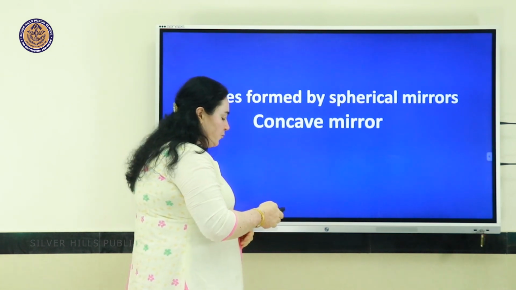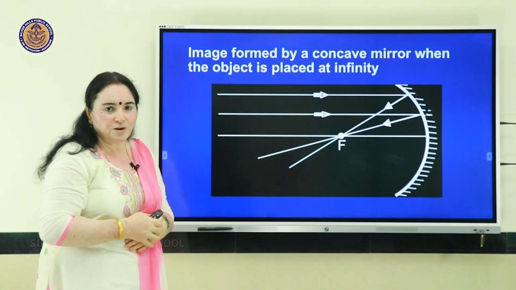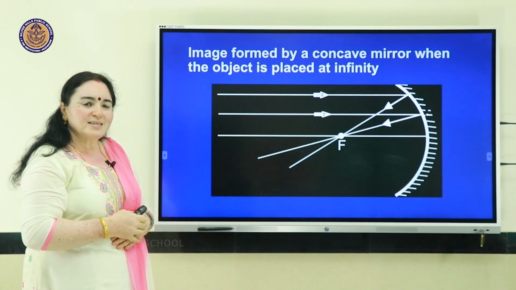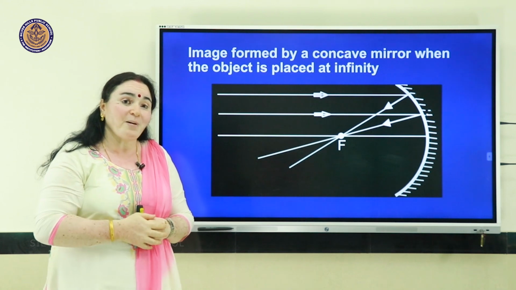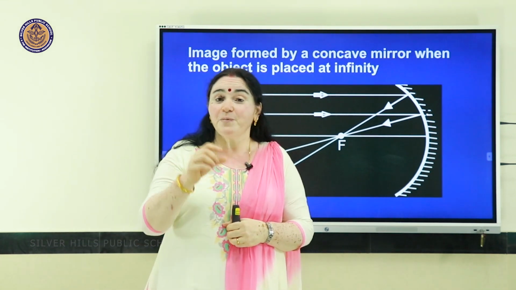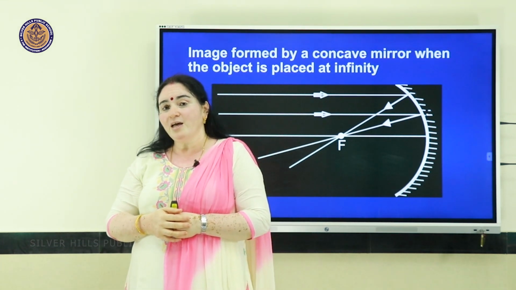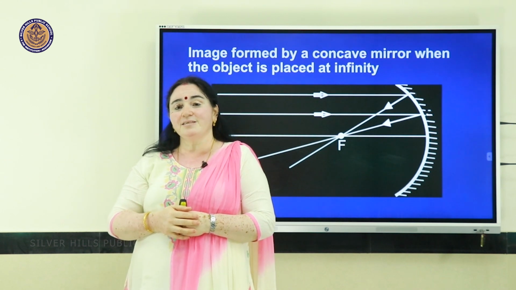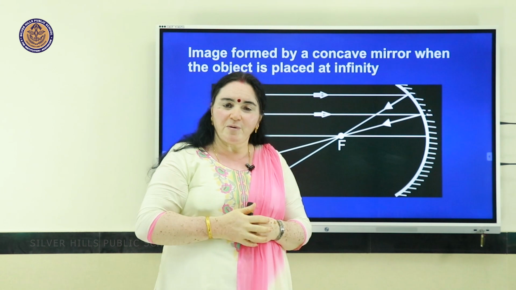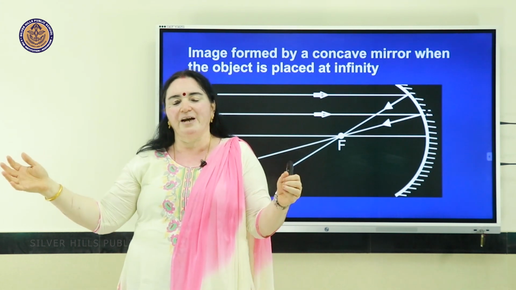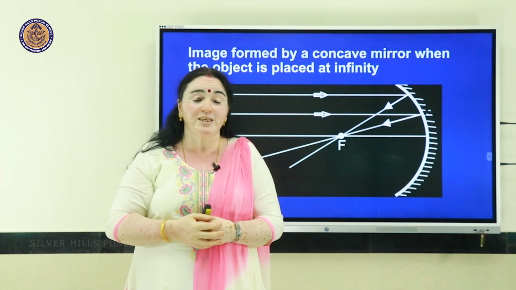The first diagram that you could see over here is when the object is kept much beyond the center of curvature. The object is placed at infinity. With respect to the size of a spherical mirror, the distance infinity can be defined because the size of the mirror will be very small. A close distance compared to that can be taken as a point of infinity here.